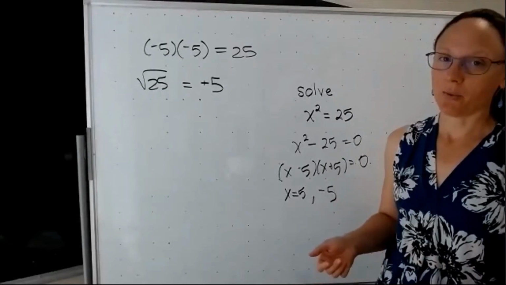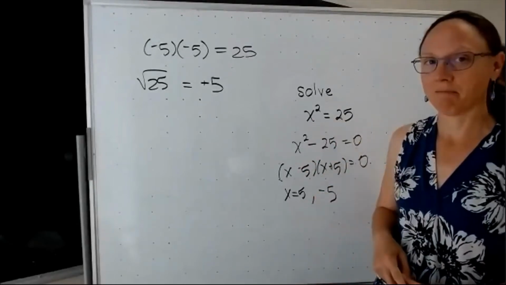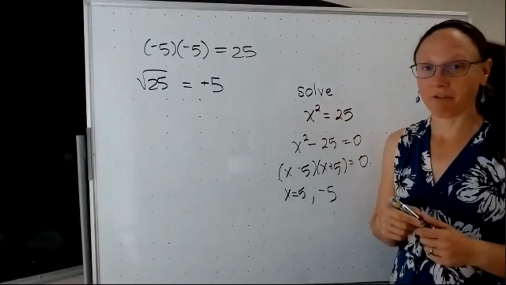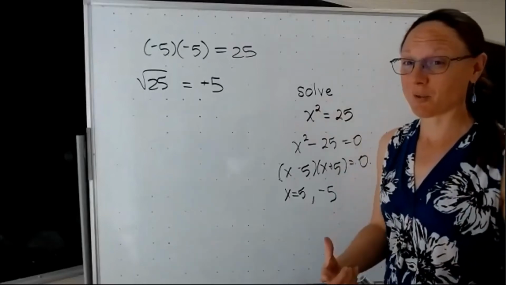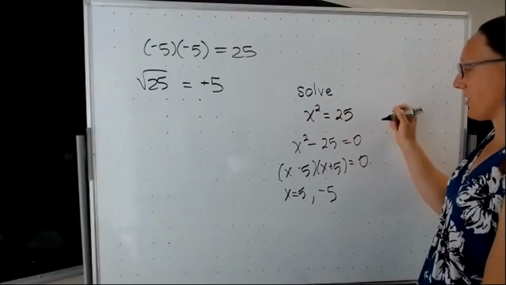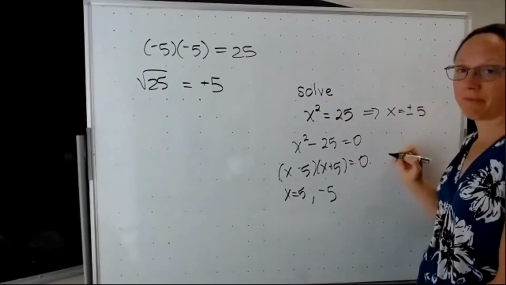Now I'm going to argue that most of us probably wouldn't go through those steps. When we see x squared equals 25, I think after some practice, most of us would probably go straight to x is equal to plus or minus 5.